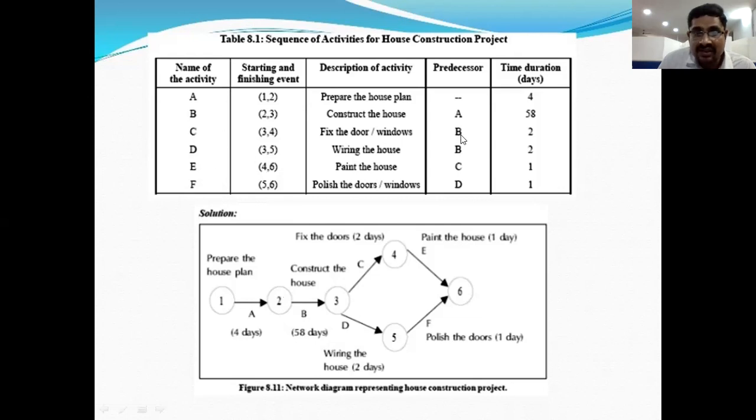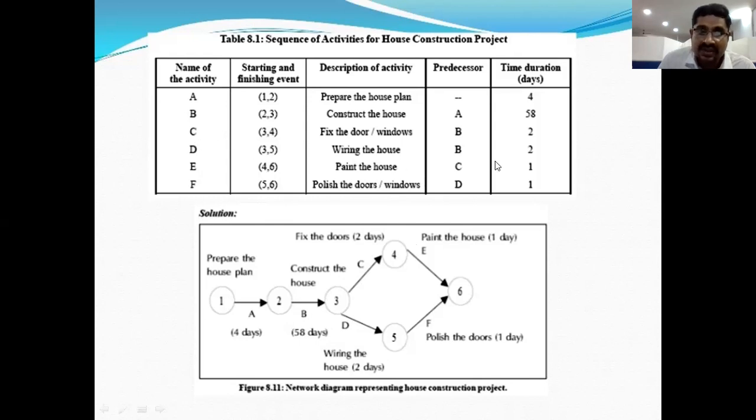C has preceding activity of B. So C came from B. Here B to C. And next D also came from B. So from B we have C and we have D. From B two activities came, C and D. So this is the B point.